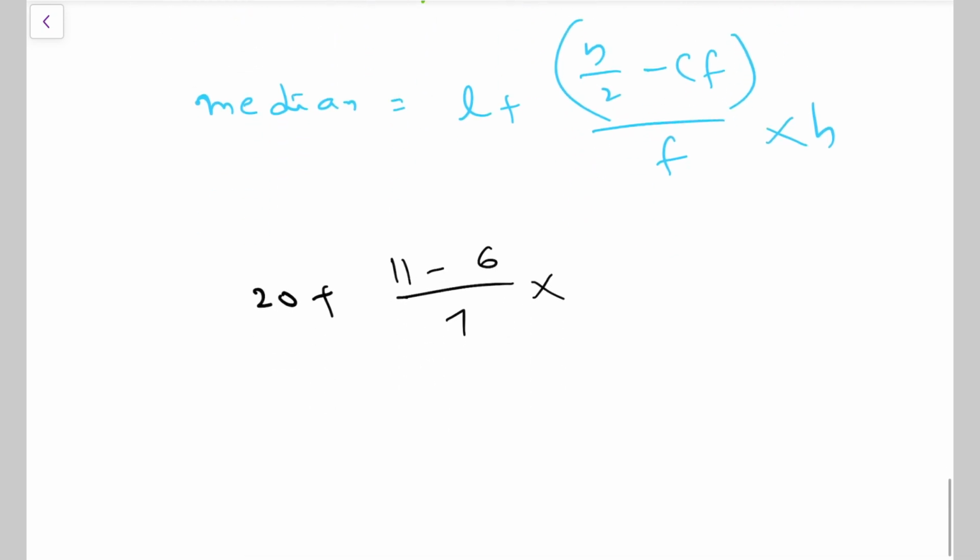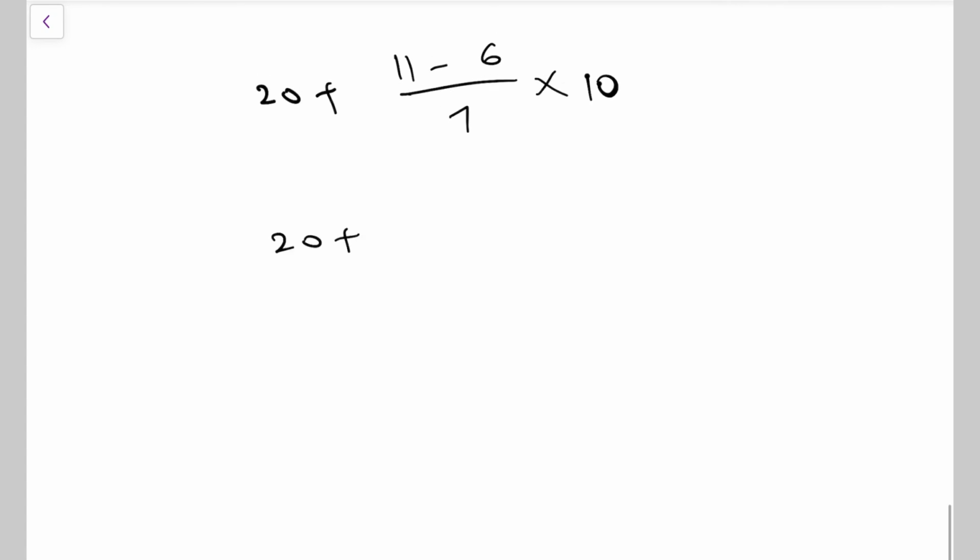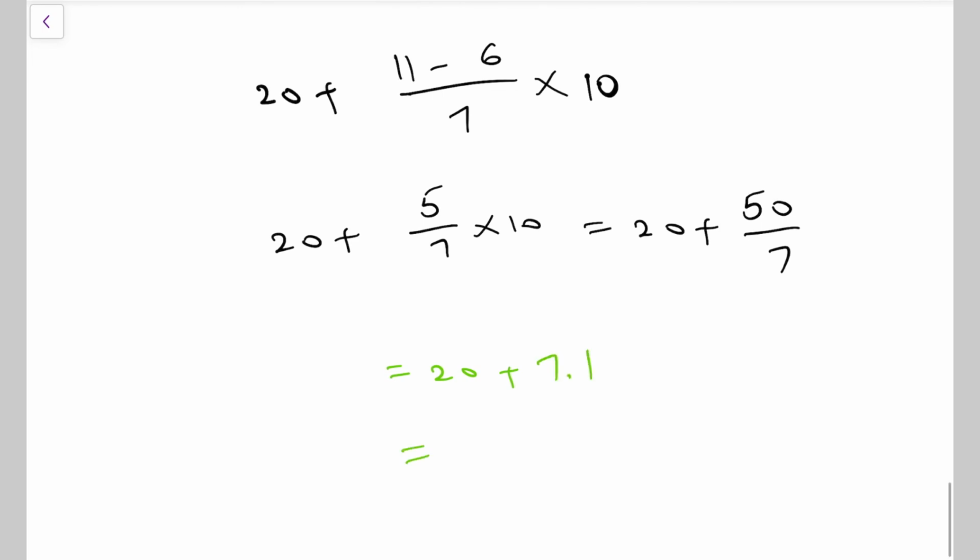So the h value will be 10. 20 plus 11 minus 6, 5 by 7 into 10, which is equal to 20 plus 5 tens are 50 divided by 7. 20 plus 50 divided by 7, 7.1. 20 plus 7.1, 27.1. So the median of the given data is 27.1.